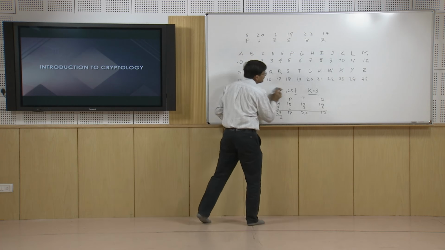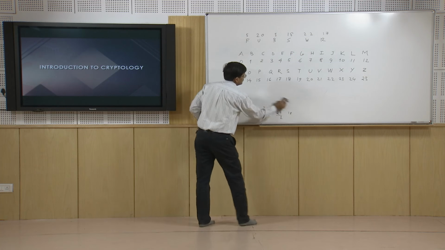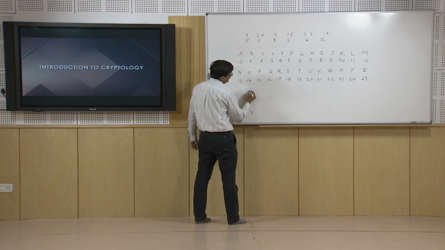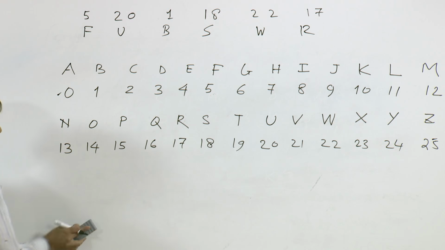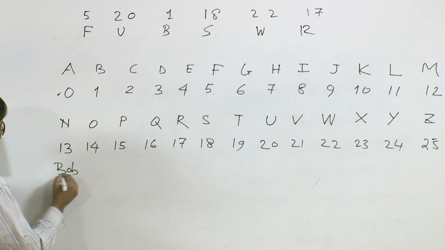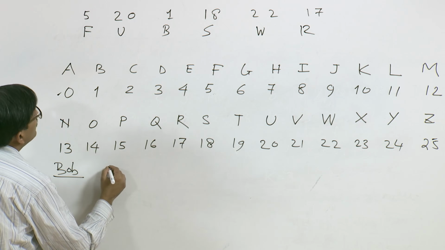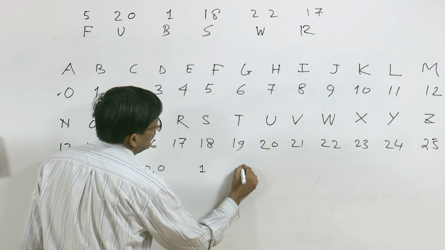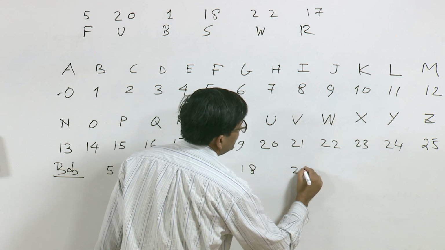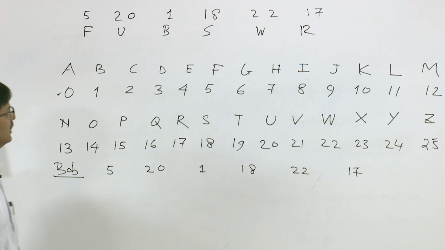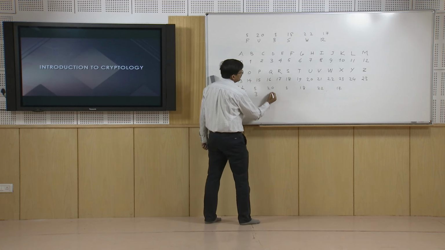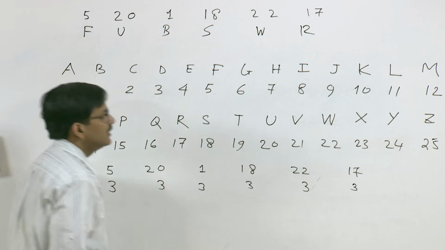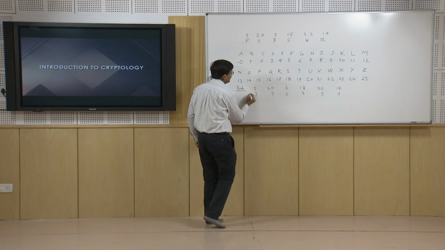Bob receives 5, 20, 1, 18, 22 and 17. He knows that the key is 3, and he knows that he has to subtract 3 from all these numbers.